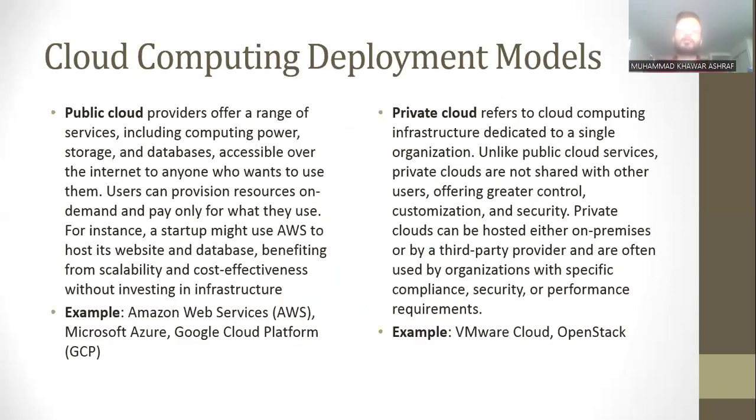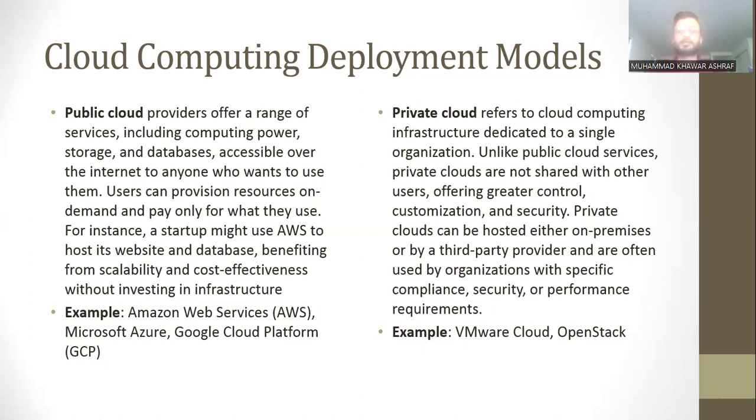So cloud computing deployment models start with public clouds. Public cloud providers offer a range of services including computing power, storage, and databases accessible over the internet to anyone who wants to use them. Users can provision resources on demand and pay only for what they use.